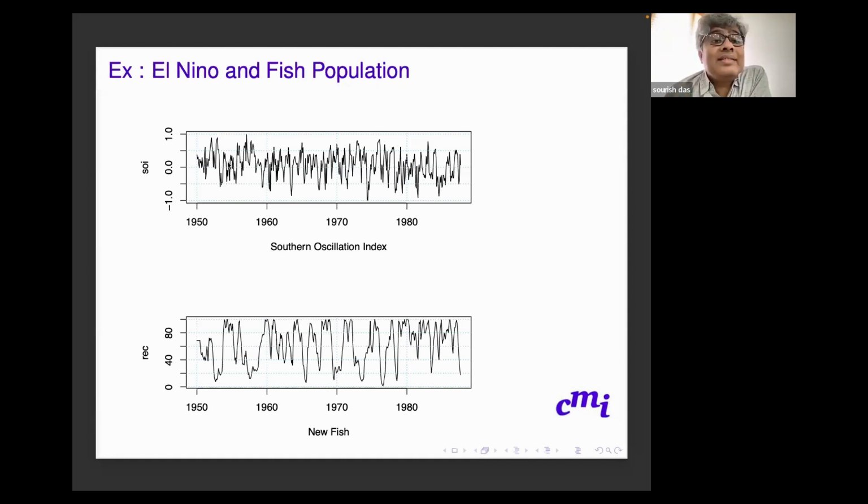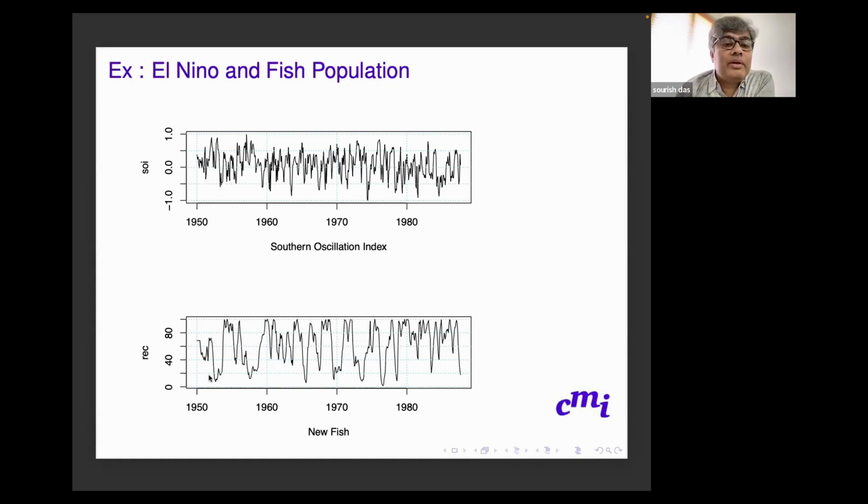Since it's an index, typically it should be range-bound. So that is also happening, -1 to 1, fine. And there is a sinusoidal pattern. And the recruitment of the new fish is also happening in a sort of sinusoidal pattern. It is sometimes going down, sometimes going up.